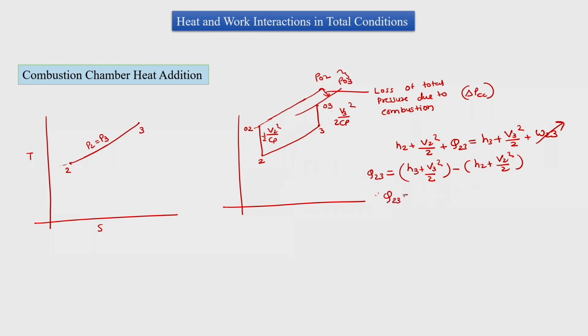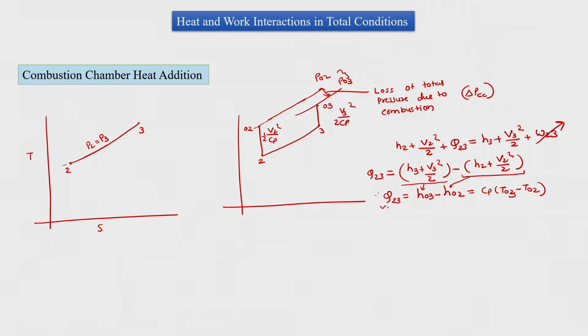So Q23 is equal to H03 minus H02. Since the term in the bracket is total enthalpy at station 3 and this term in the bracket is total enthalpy at station 2, this can ultimately be written as Cp into T03 minus T02.